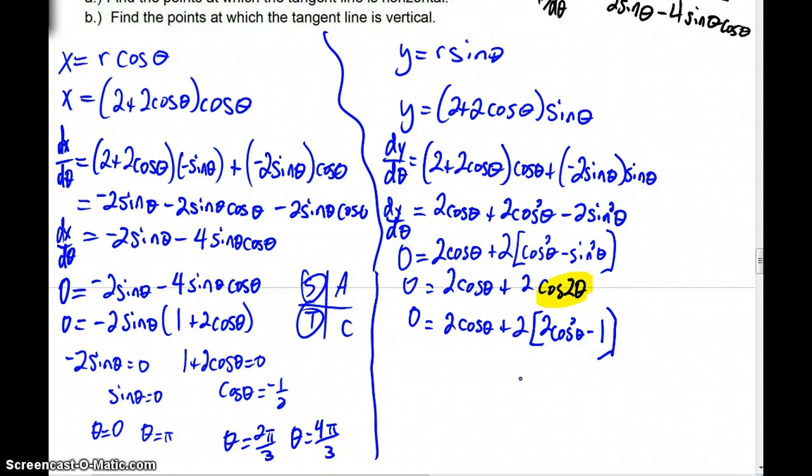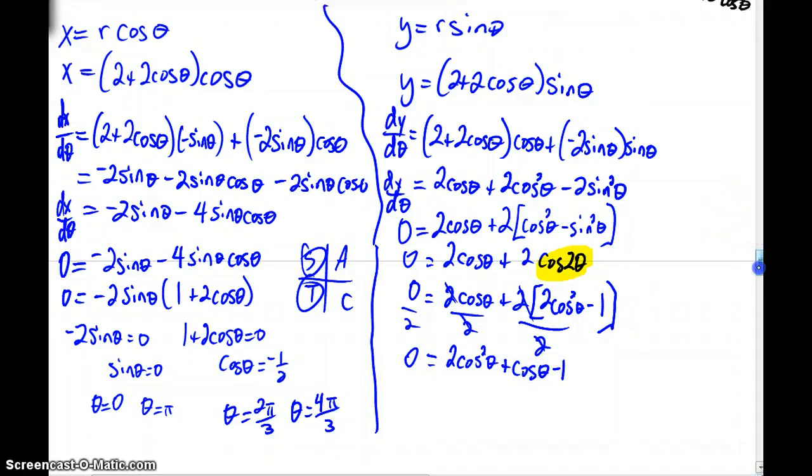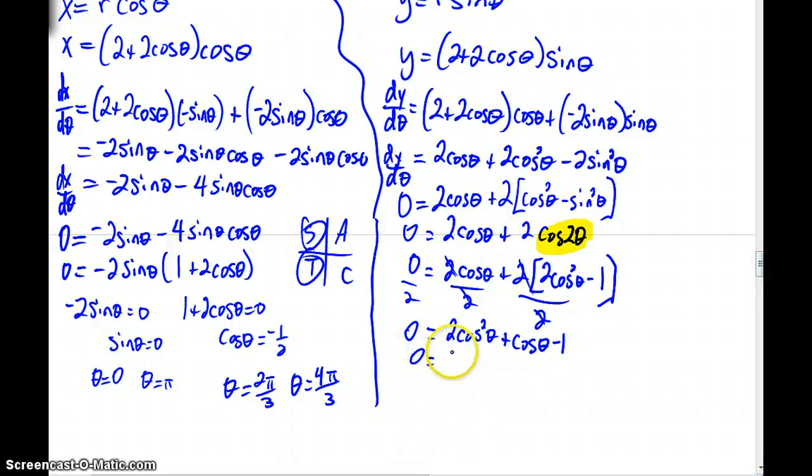So, by the way, what you could do immediately is divide everything by a 2, since we're dealing with an equation that we need to solve here. 0 is equal to, well, let's just reorder everything. 2 cosine squared of theta plus cosine of theta minus 1. And my goodness, do you know where we're headed? This will factor. Factoring into 2 cosine of theta and cosine of theta. You might guess that we'll need a 1 and a 1. Let's make this a plus, make that a minus.